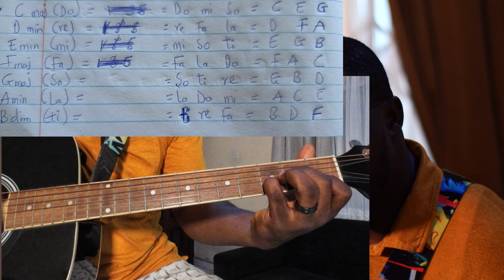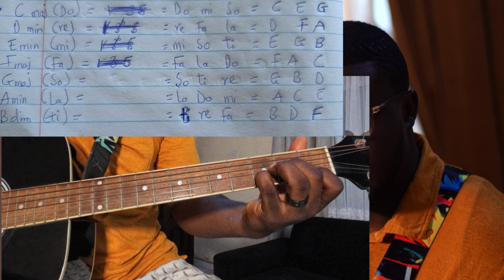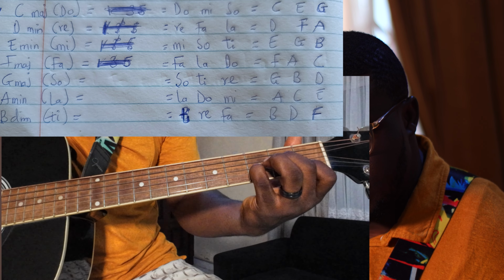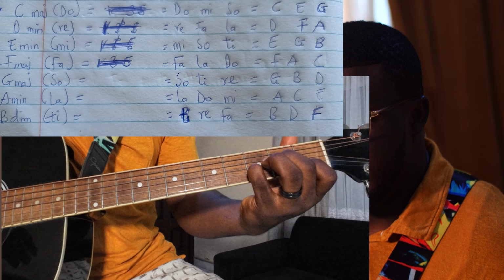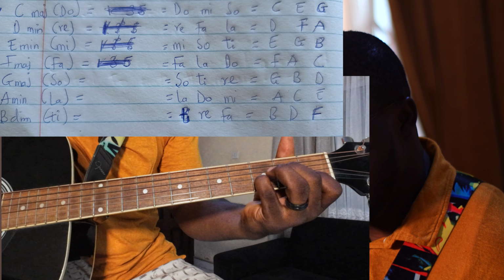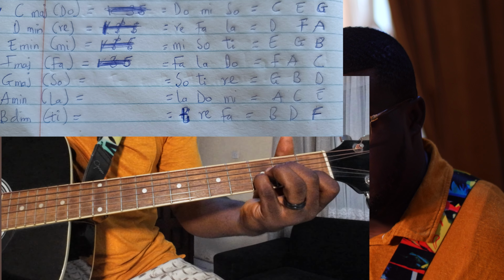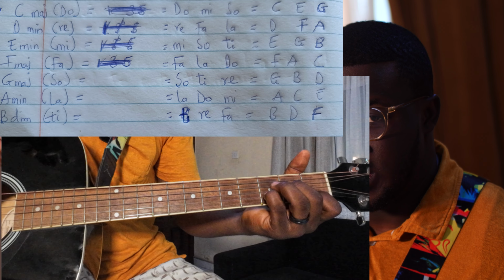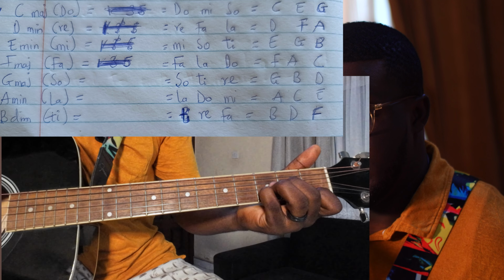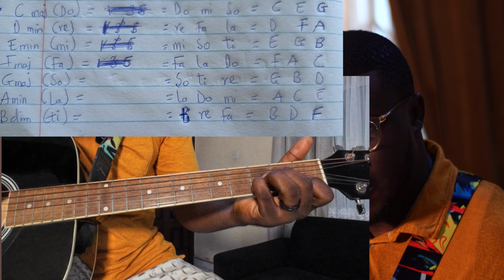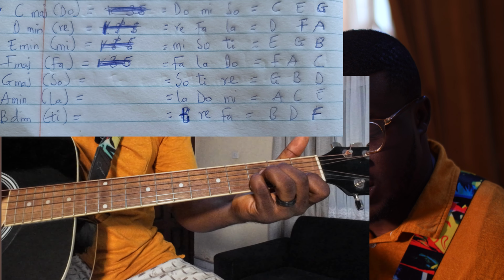This is the re chord, a minor chord, because in do re mi fa so la ti do, the re chord is minor. So what you see is that the chord is minor.